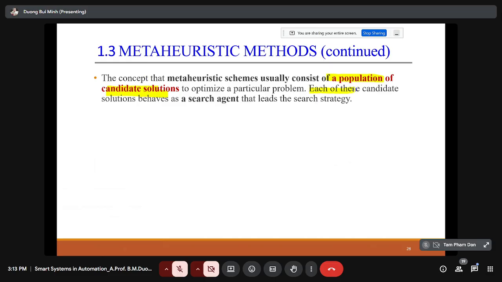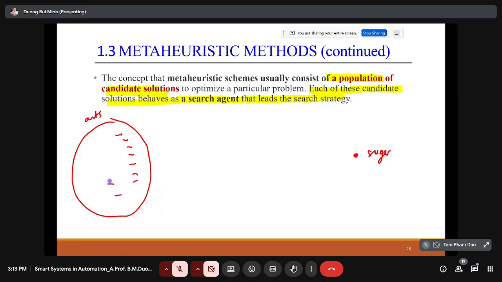Then each of these candidate solutions behaves as a search agent that leads the search strategy. For example, we have the objective function here, and we have the population of ants, 1, 2, 3, 4, 5.